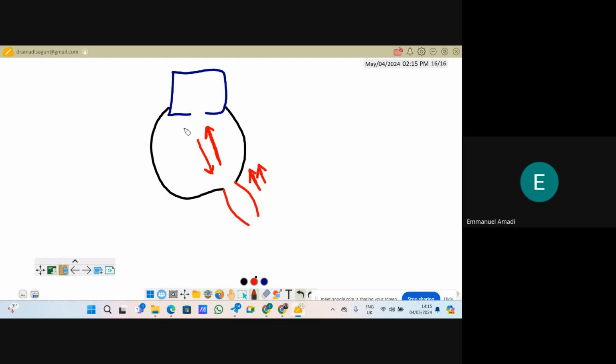Now, imagine that in this patient with mitral regurg, I do a hand grip. If I do a hand grip, I'm going to increase the pressure in this aorta markedly high. The afterload will go up a lot. Now, if the afterload goes up a lot, this ventricle wants to pump out its blood, but it will not want to go to the area that has high pressure. Nobody wants to suffer. Because if it goes to that area that has high pressure, it has to do a lot of work to overcome the pressure.